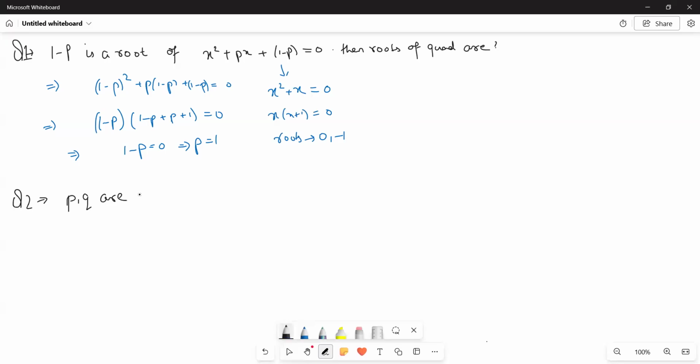If p and q are the roots of the equation x square plus px plus q is equal to 0, find p and q.